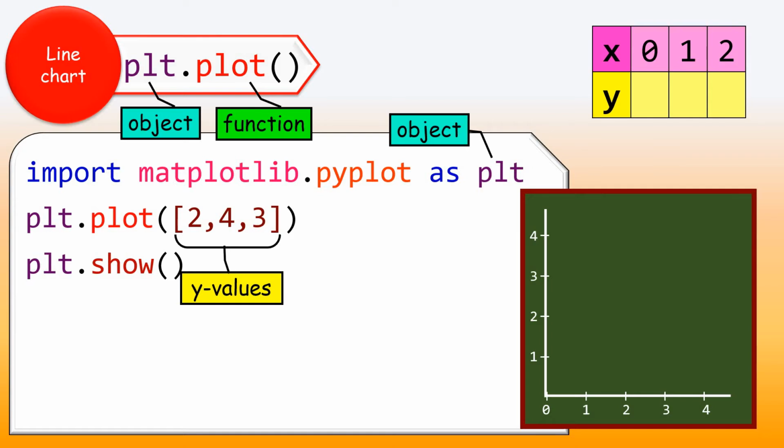And the Y values will be the ones which I have given as the parameter in the form of a list: 2, 4 and 3. So here you have to remember that when there is only one parameter with a list of values, that must be taken as the Y values, and for X values, you have to use the default values starting from 0.